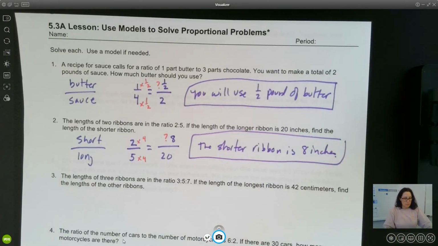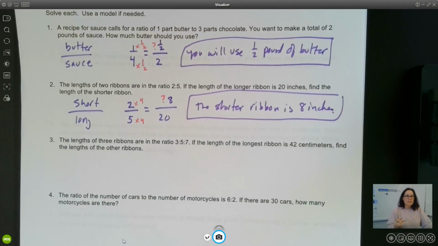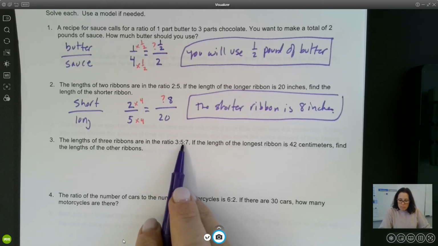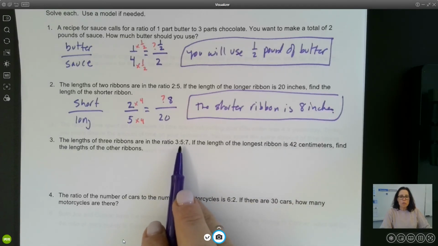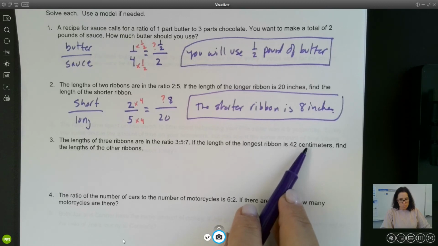All right, number 3. The lengths of 3 ribbons are in the ratio of 3 to 5 to 7. If the length of the longest ribbon is 42 centimeters, find the lengths of the other ribbons. All right, so small, medium, large. And in this ratio, the unit is centimeters.